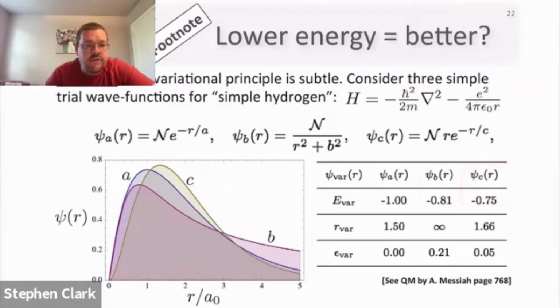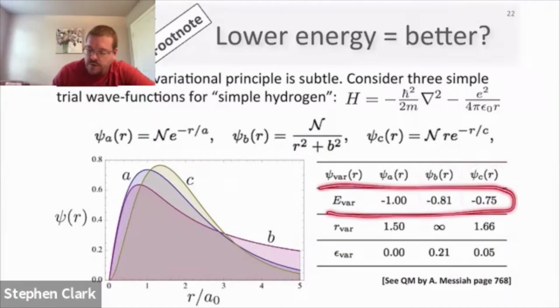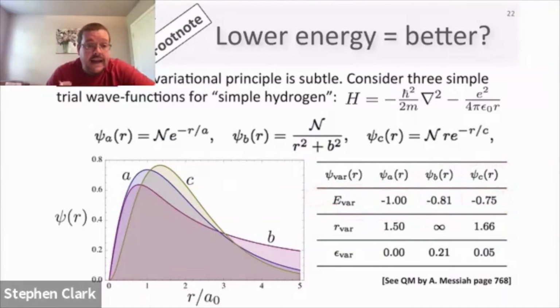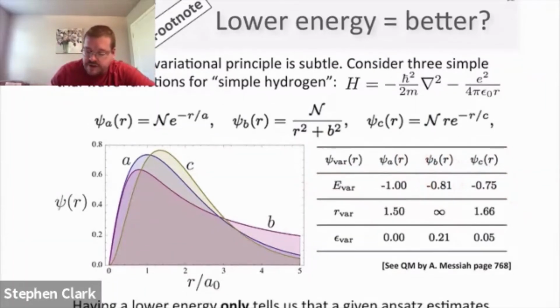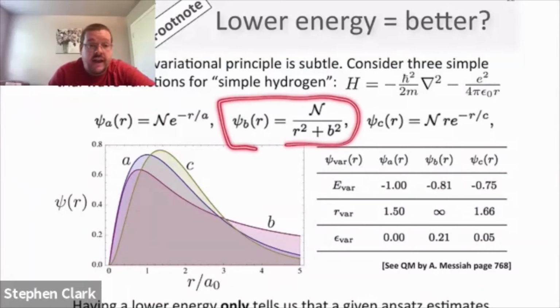It gives you -0.75. So if we were to look at this alone, we would say, well, clearly this is exact, and this is the next best approximation. But actually, if you look at some physical quantities that you calculate from these wave functions, say, for instance, the average location of the hydrogen electron, the average position, because this has got a power law decay, this is in fact radially power law.